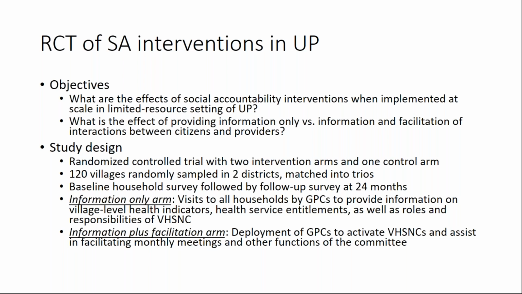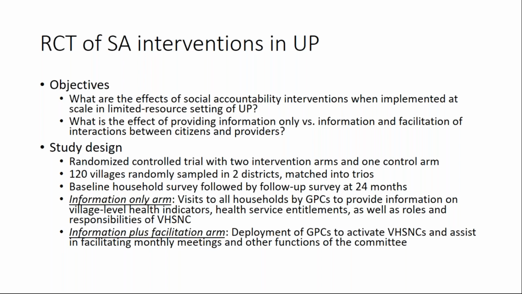So in this RCT, we're specifically trying to disentangle whether this extremely light touch approach of giving information to community members is sufficient for bringing about better outcomes, or if instead you need to also increase the facilitation and manage that process.